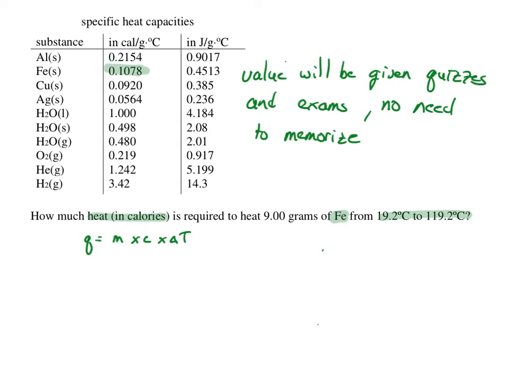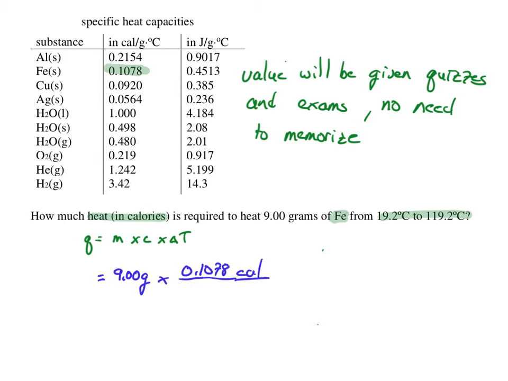We can substitute in and calculate our heat value. Our mass is 9.00 grams of iron. Our specific heat capacity is 0.1078.